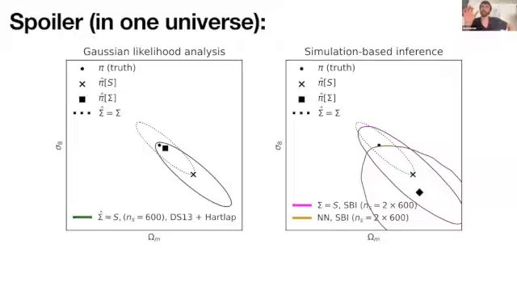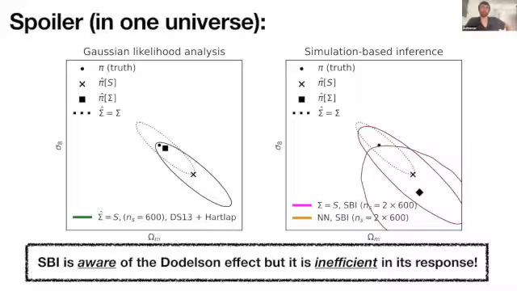And you'll see that despite inputting double the number of simulations relative to a Gaussian likelihood analysis, the magenta contour and this yellow contour representing the neural network compression are pretty significantly inflated relative to this Gaussian likelihood analysis on the left. I'll back up this result in a moment, but SBI is aware of this Dodelson-Schneider effect, but it's inefficient in its response. For double the number of simulations, you have significant posterior inflation there.